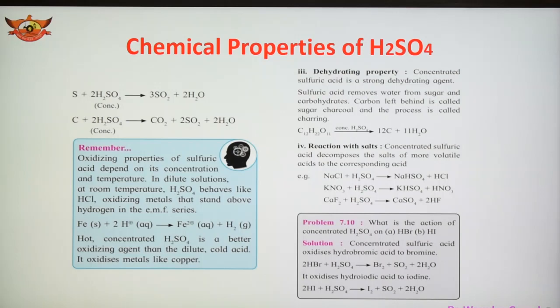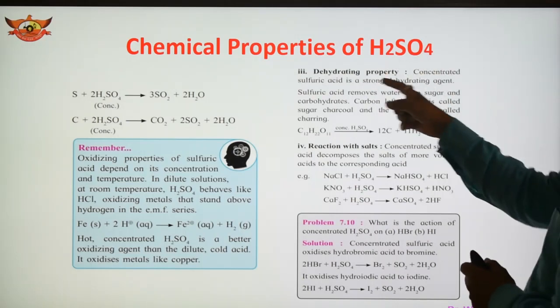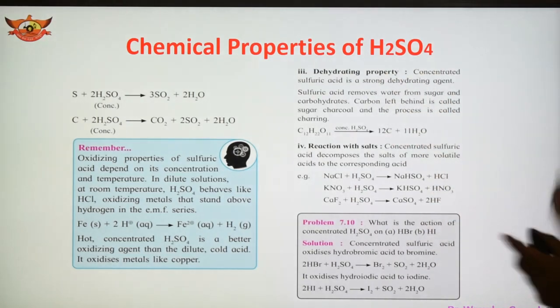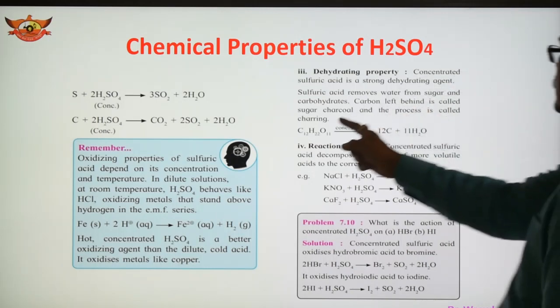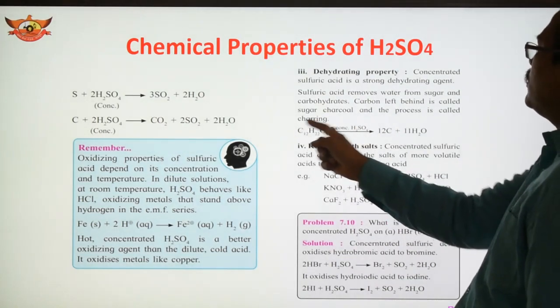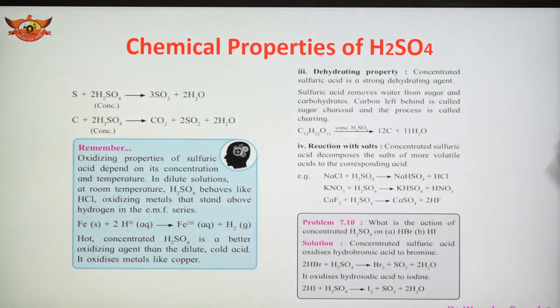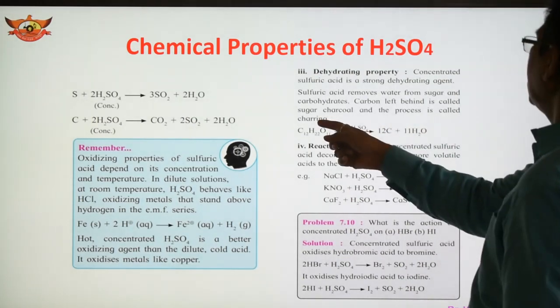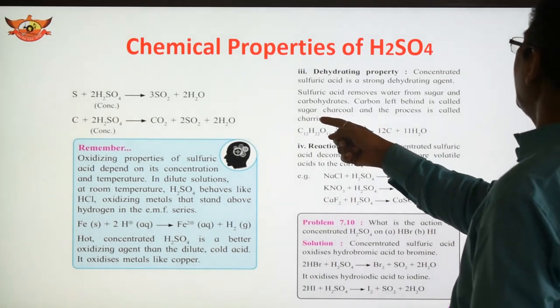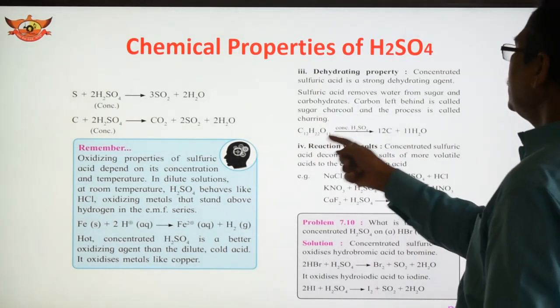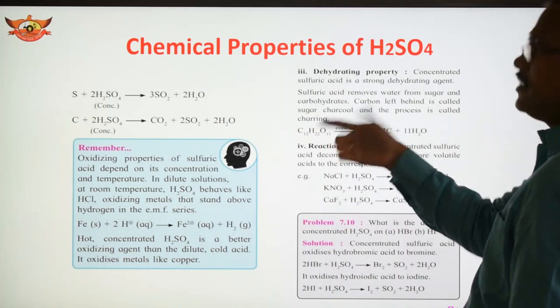The third important reaction is the dehydrating property, that is, removal of water. D means removal, hydrating means water. In this case, this is the sugar, also known as a carbohydrate. C6H12O6 is glucose, a sugar, also known as a carbohydrate.